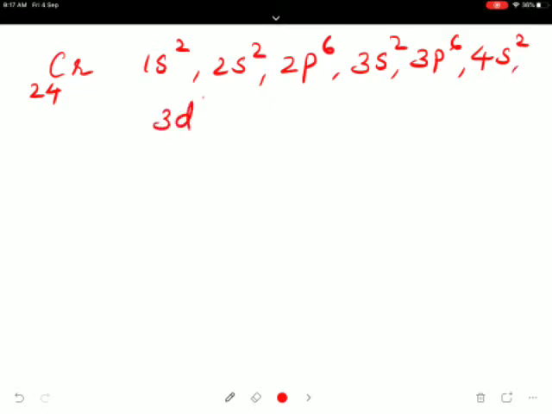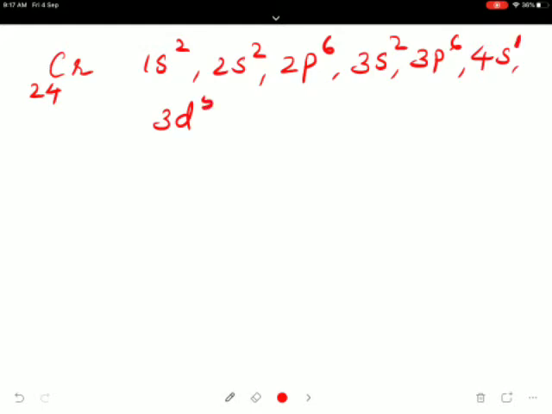The expected configuration was 4s2, 3d4, but it is actually 4s1, 3d5.